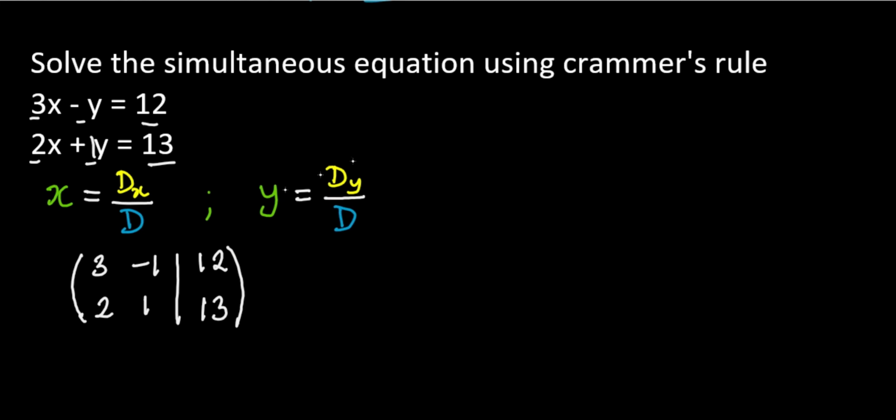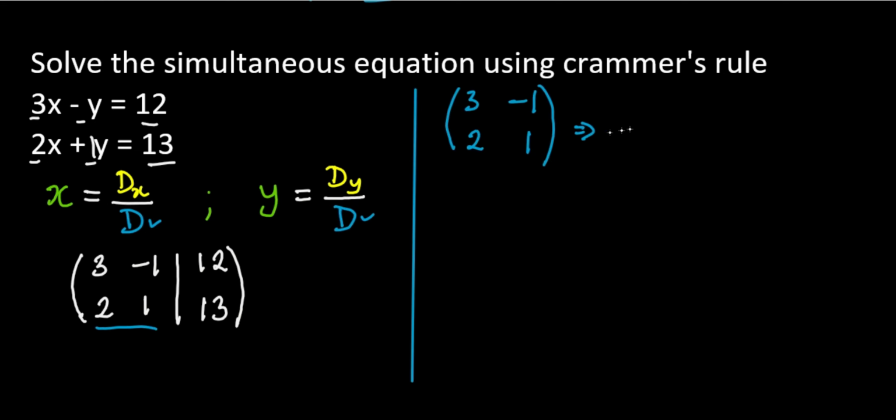So to get our d now, it is the determinant of the coefficients of x and y in both equations, which is 3, minus 1, 2, and 1.